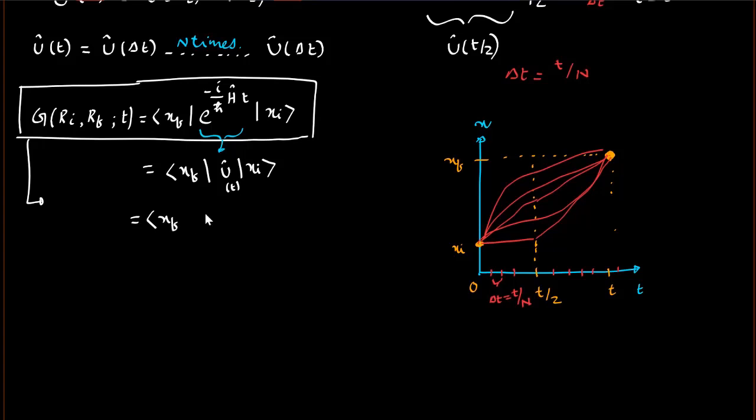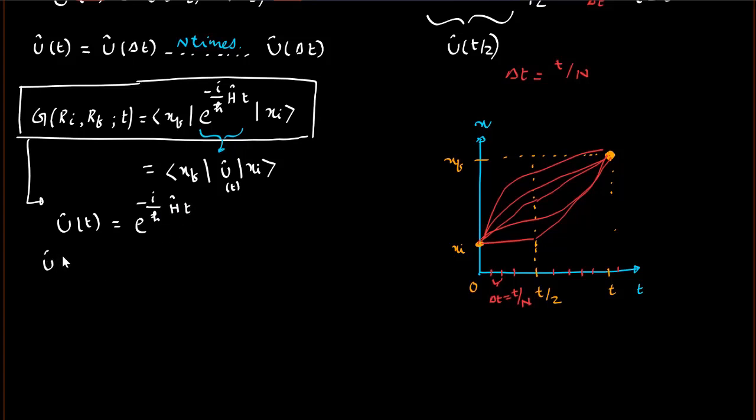So <x_f|. Okay, so now we have U of t equal to e to the power minus i by h cross Hamiltonian into t.